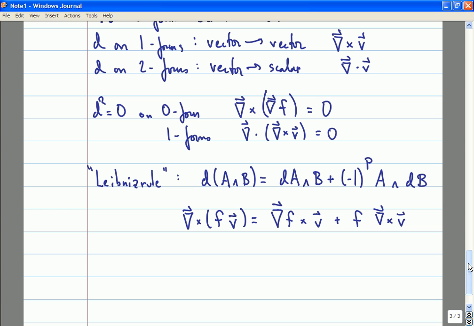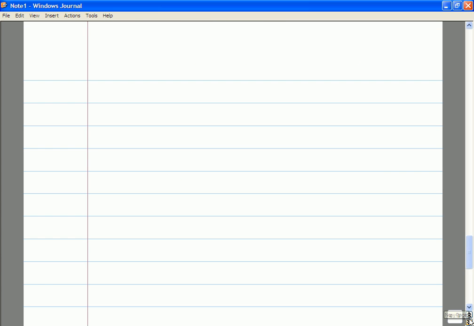Now, in physics, we like to do more than just take derivatives. Sometimes, if we're feeling saucy, we even like to integrate. Now, I've emphasized a great deal so far in this course the importance of writing down only those formulas which are coordinate invariant and which have a meaning which is independent of the coordinate system that one uses to write the law, the equation.